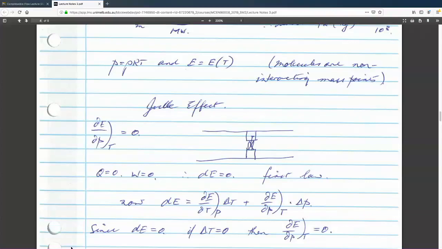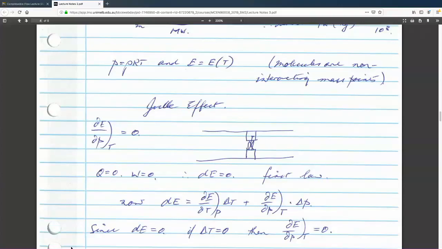So he did it with flasks and so on, so that there was no heat supplied. And self-evidently, there was no work done external to this system. There was no work done on the system. So Q was equal to 0, and W was equal to 0. And so from the first law of thermodynamics, it had to mean that there was no change in the internal energy. So he assumed the first law.